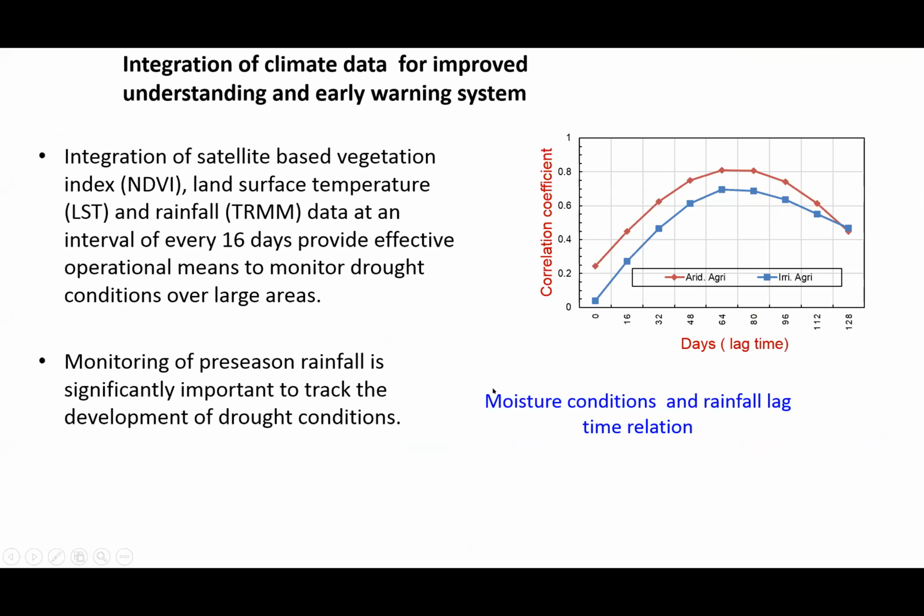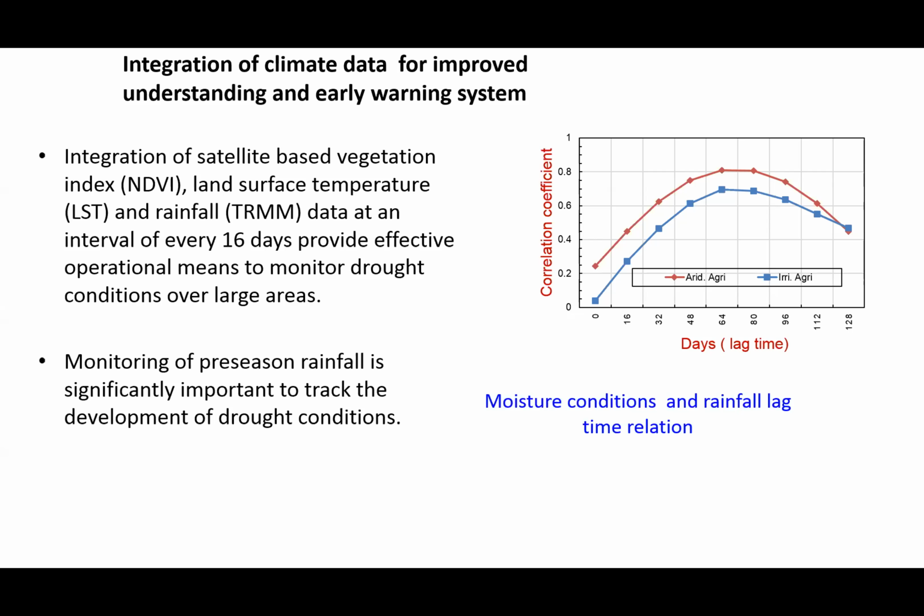Again, when we are talking about precipitation occurrence and its impacts on crops, it is also very important to understand the ecosystem, that is, what the lag time is between precipitation and vegetation condition. What we have seen in the case of Nepal is that the irrigated system has a lower relationship with precipitation, and a higher relationship in the case of arid agriculture.